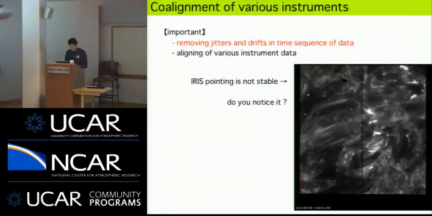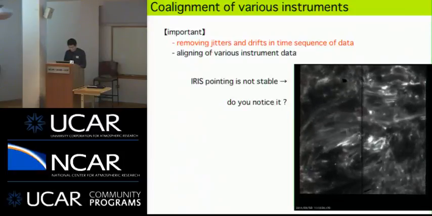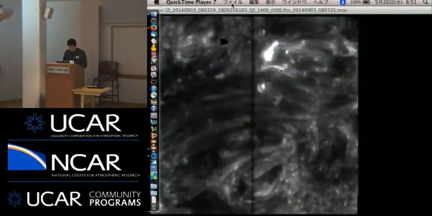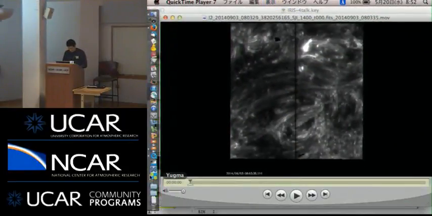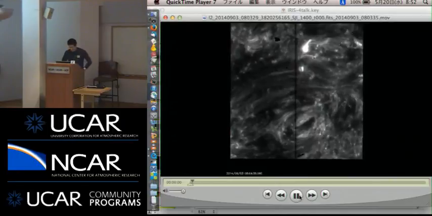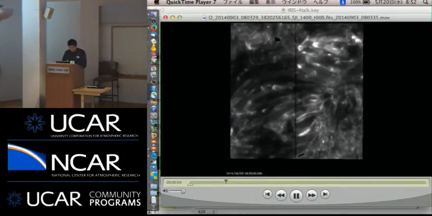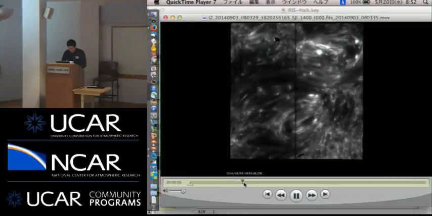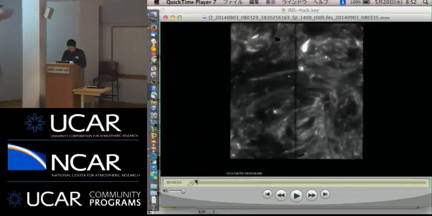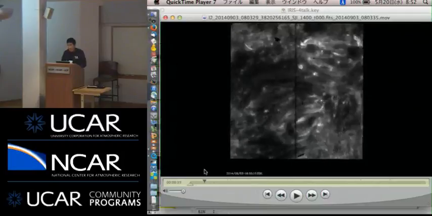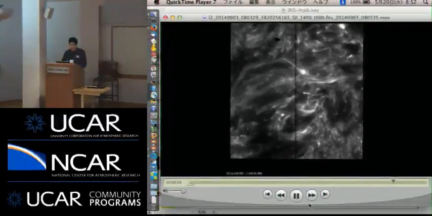It's hard to see on the keynote, so I go out of this keynote, but I show a quick time player. This is the same movie, and I think it is well tracked, but this one is not stable, slightly drifting like this.